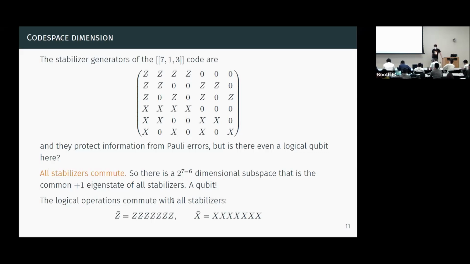There are some results about what types of errors you can deal with. I'm not really going to talk much about it, though. But random Pauli errors are a fairly broad class of errors.